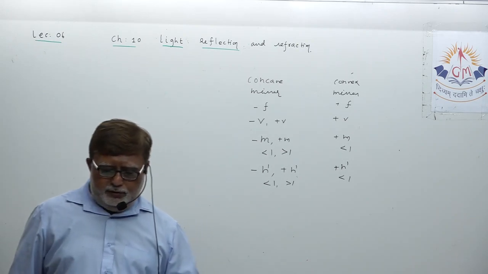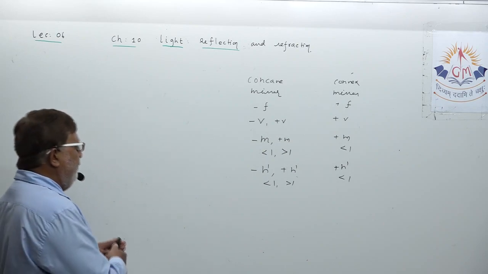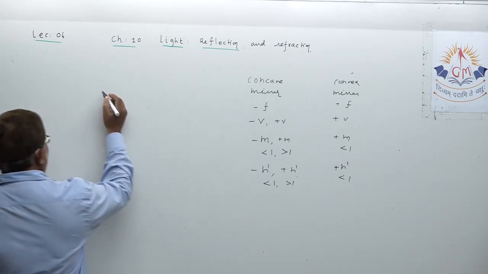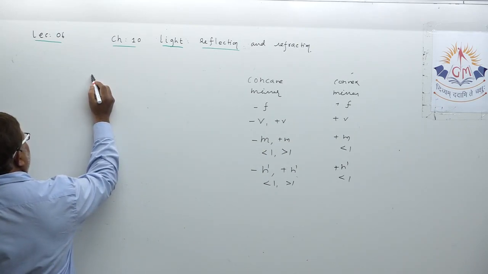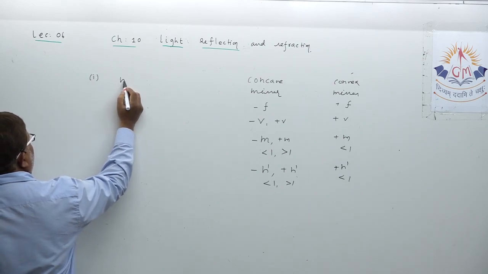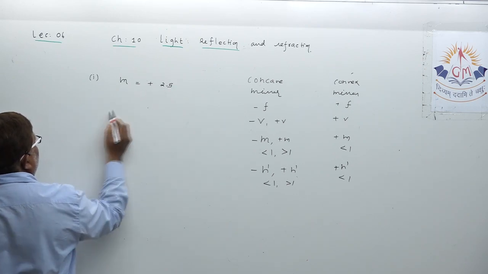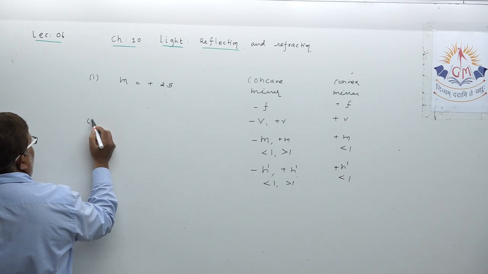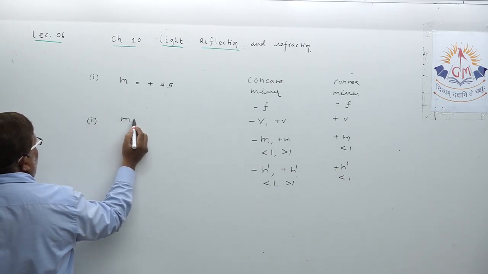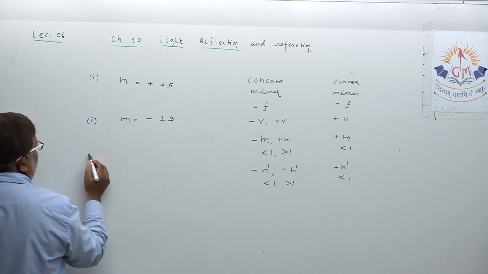I will not discuss MCQs from the numerical assignment, but I must mention a few values of magnification. Understand and let us discuss. See, I am writing M equal to plus 2.5. M equal to minus 1.3.